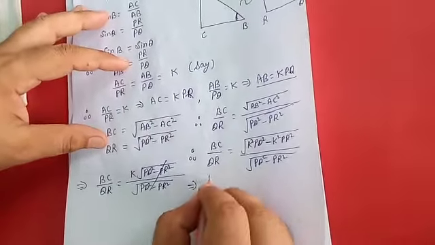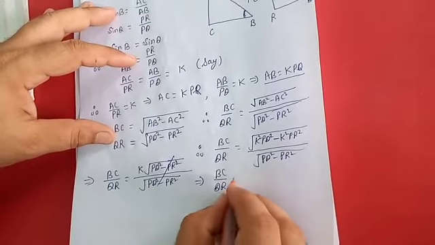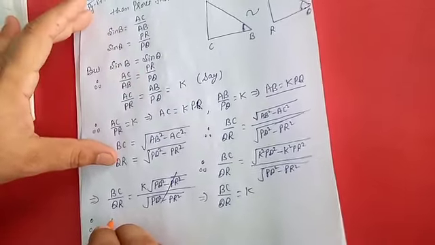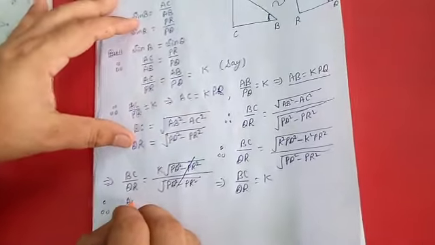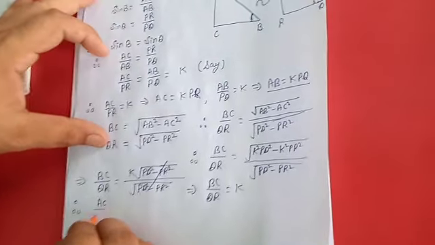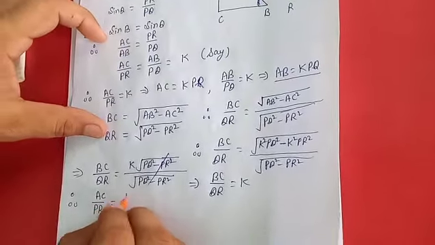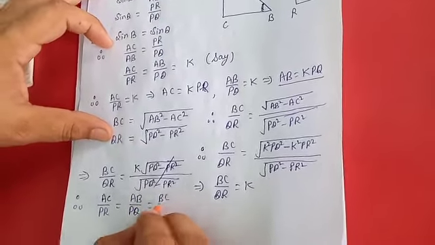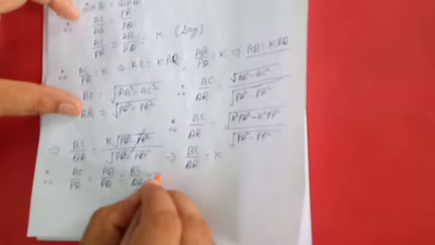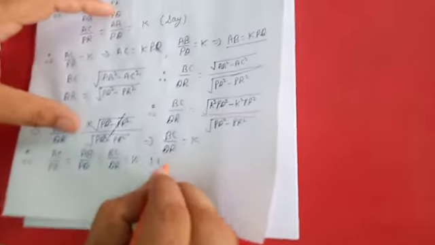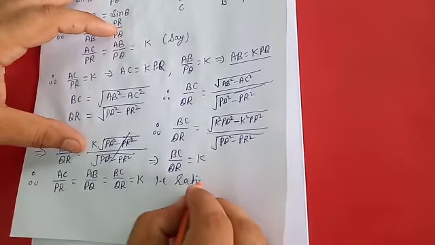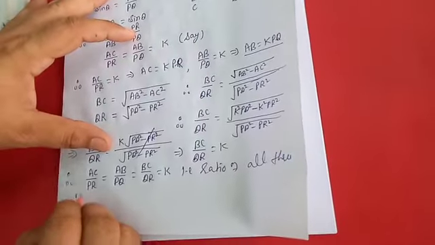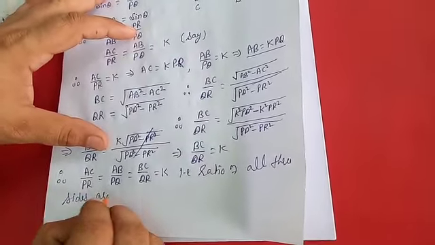This implies BC by QR is equal to K. Therefore, AC by PR equal to AB by PQ equal to BC by QR equal to K. That is, the ratio of all three sides are proportional.